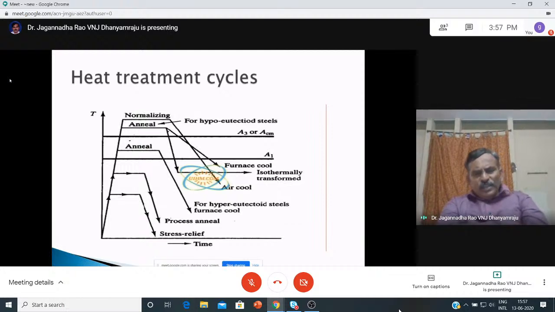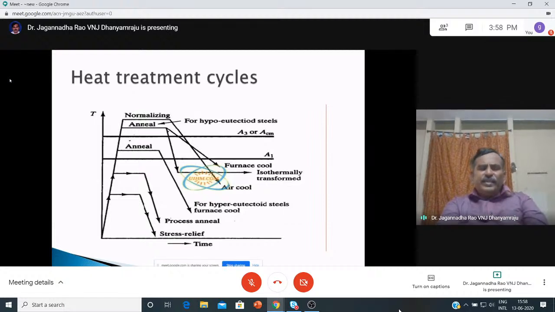That means in annealing, the components are cooled inside the furnace, whereas in normalizing, the components are cooled in air, still air. So when compared to furnace cooling, air cooling is faster. Furnace means it is insulated, so the cooling is very, very slow.